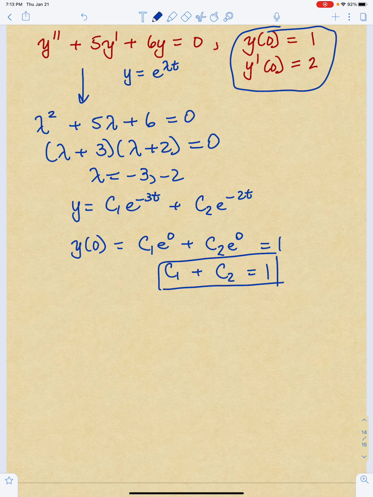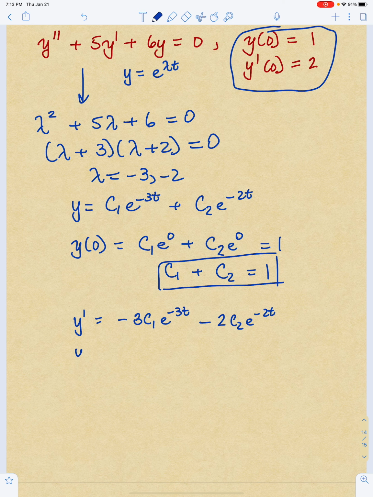In order to find both c1 and c2, I need another equation. And that's going to come from my first derivative. So we'll find y prime first. And we know that y prime is equal to negative 3c1 e to the negative 3t minus 2c2 e to the negative 2t.